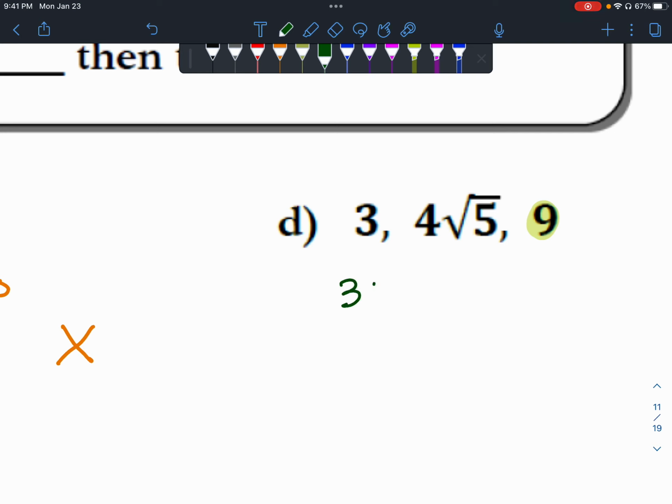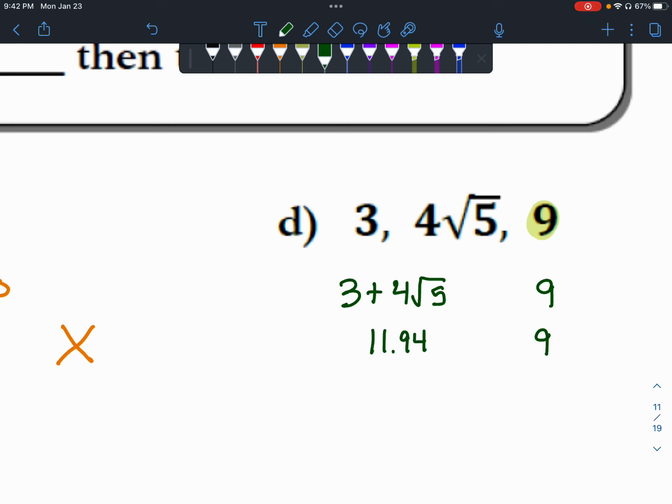If I add 3 and the value of 4 square root 5, and I compare that to the number 9, this might not seem like the largest value, but realistically, if you used a calculator, which I'm going to do really quickly, 3 plus 4 square root 5, you do actually end up with 11.944 something.